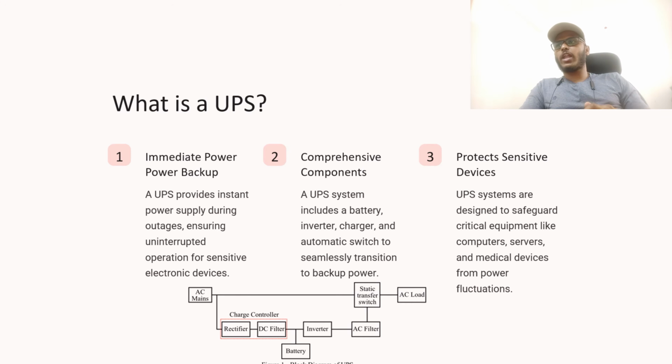So on the first slide we are looking at the UPS. What is a UPS? The first point is immediate power backup. UPS provides immediate power backup. That means UPS provides instant power supply during outages, ensuring uninterrupted operation for sensitive electronic devices. And I guess you would have already witnessed this if you were using a computer with a UPS nearby to your monitor.